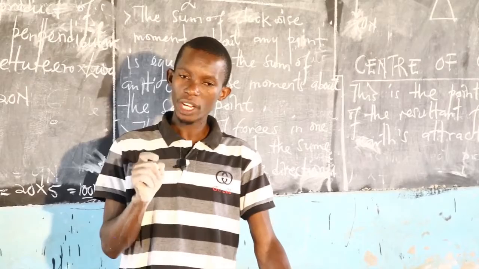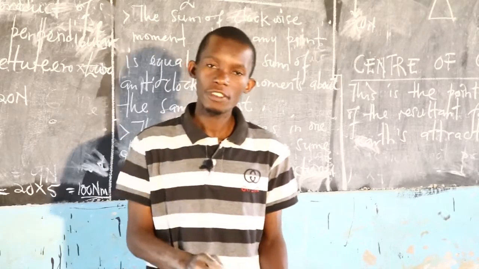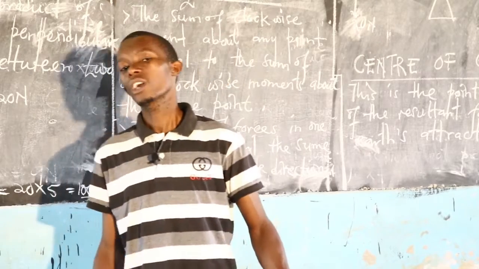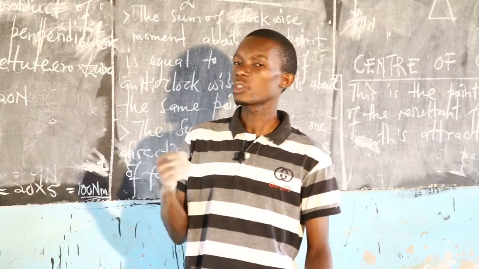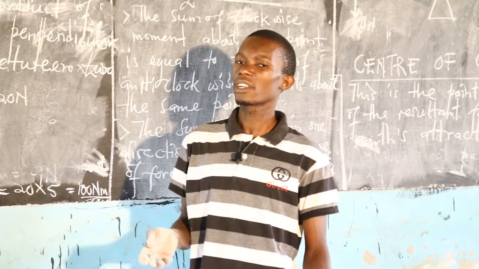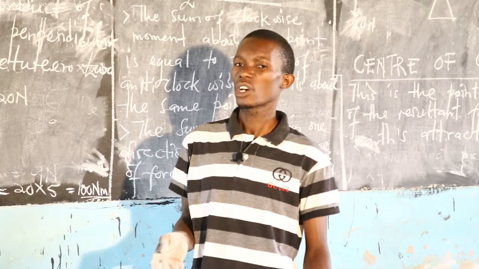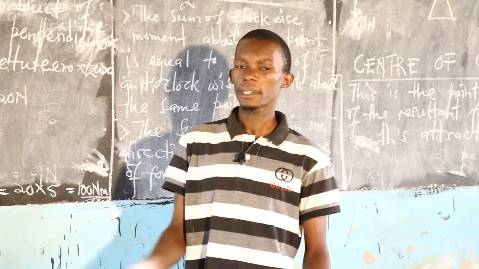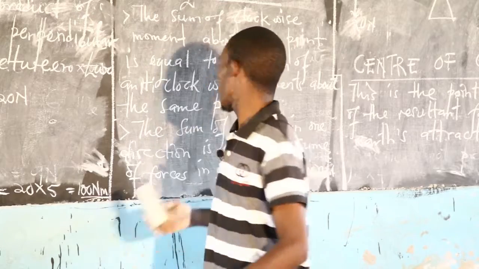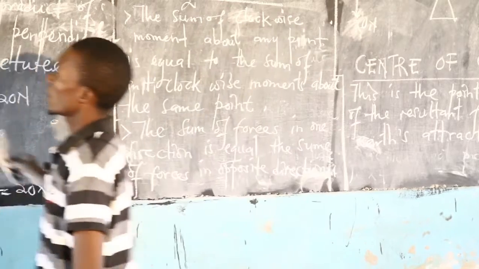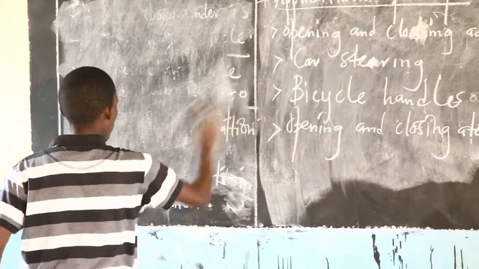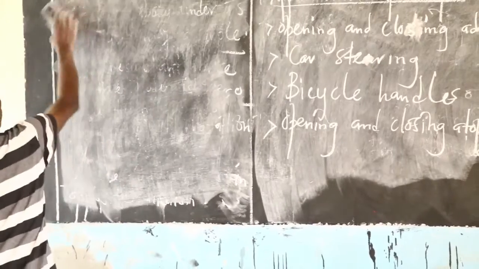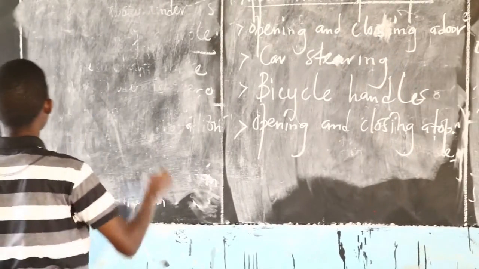Well, I told you that we have methods of determining the center of gravity. We are going to talk about the first one, the regular manner. You should get to know how to identify the center of gravity of regular objects, like a metal rule.